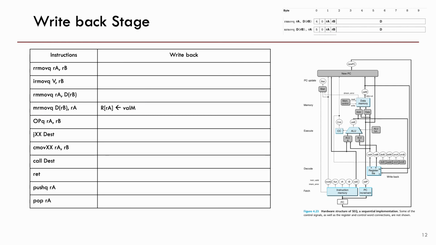And in the write back stage, there's nothing to do for the RMMoveQ instruction, because it is just writing the value of a register to the memory. But for the MRMoveQ instruction, we need to write val_M, which is the value read from the memory in the previous stage, to the register RA.